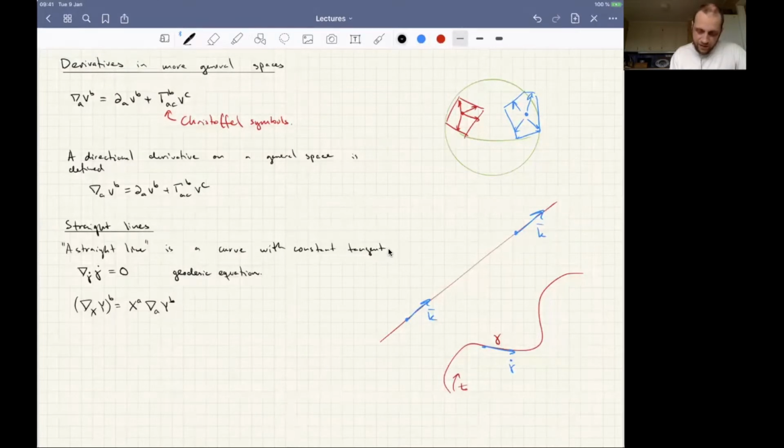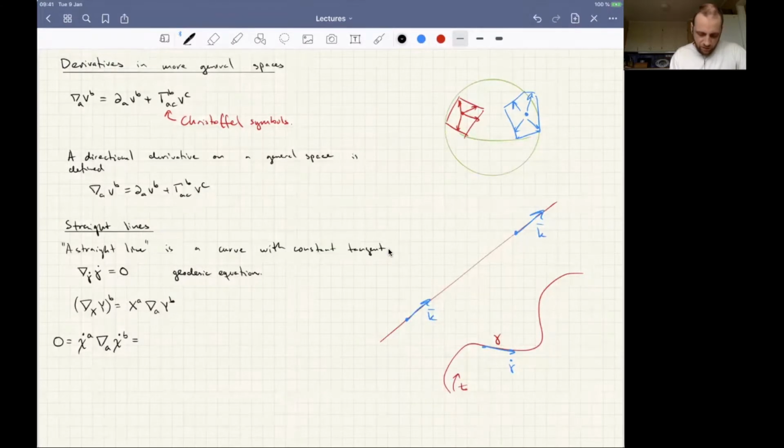So if I write these geodesic equations in component form, so the components of this tangent vector gamma dot, that's the time derivatives of the coordinates. So I can write these geodesic equations as follows. And this should be equal to 0.